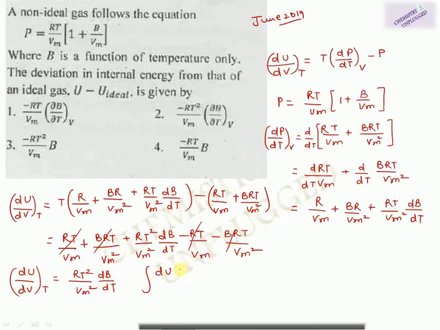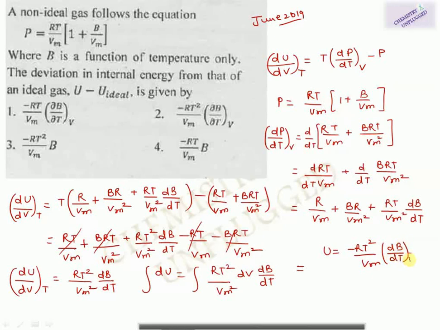Now we want to find the value of U, therefore we will integrate this equation. So when we solve it, we have U for non-ideal is equal to minus RT squared over Vm dB over dT at constant V, and the value of dU over dV at constant T is 0 for ideal gas.